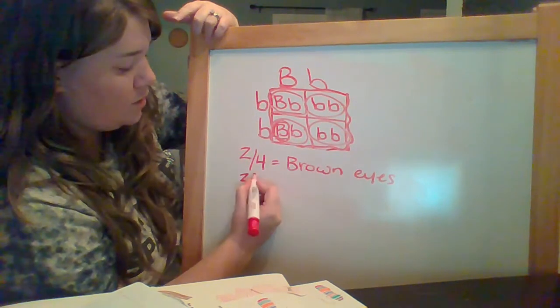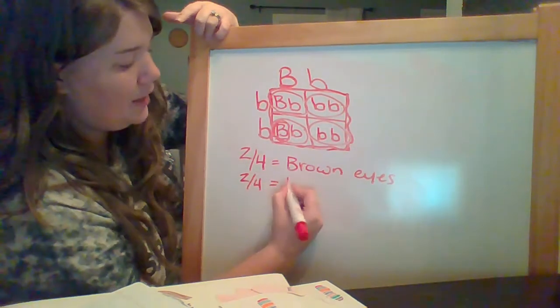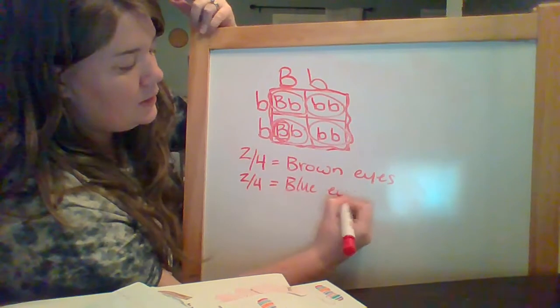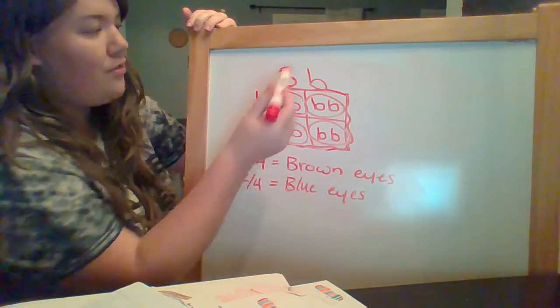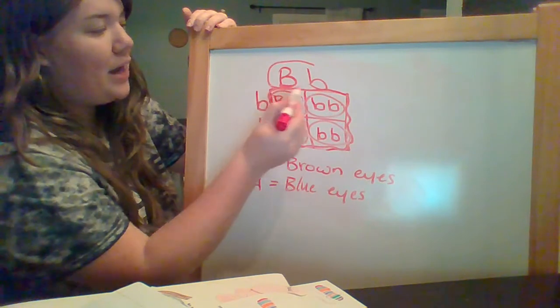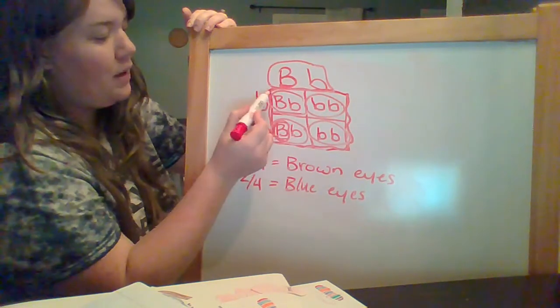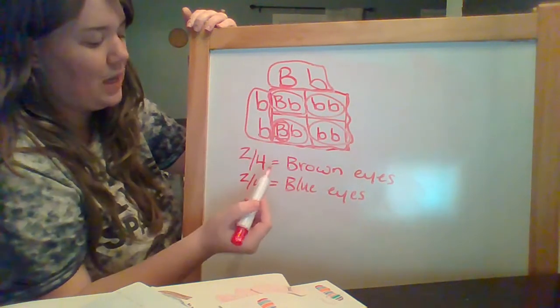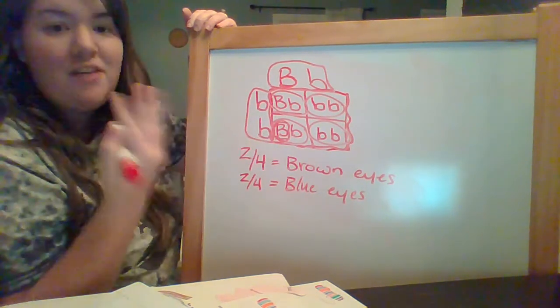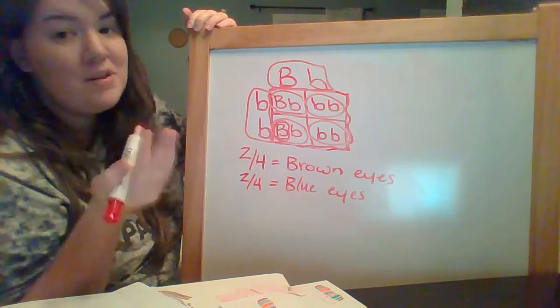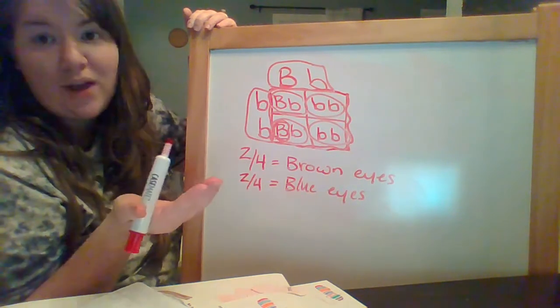So there's also a 2 out of 4 chance that they have blue eyes. So we know that if the dad with brown eyes has this genotype and the mom with blue eyes has this genotype, their child has a 50% chance of having blue eyes and a 50% chance of having brown eyes.